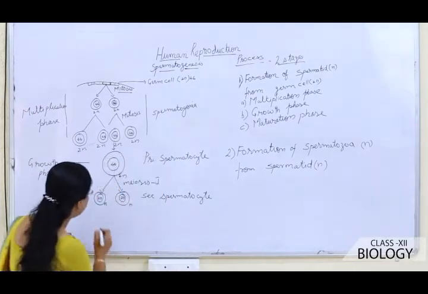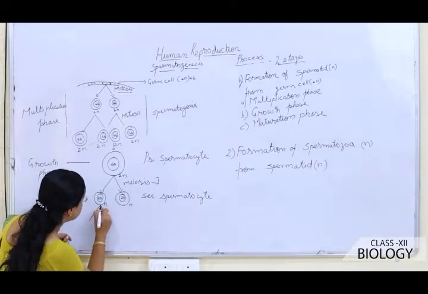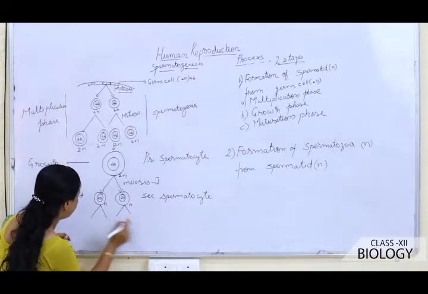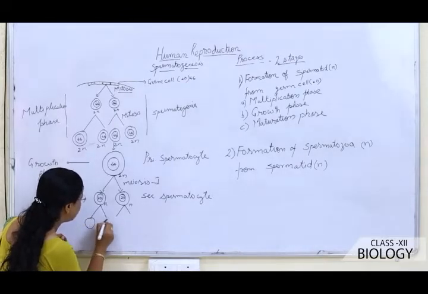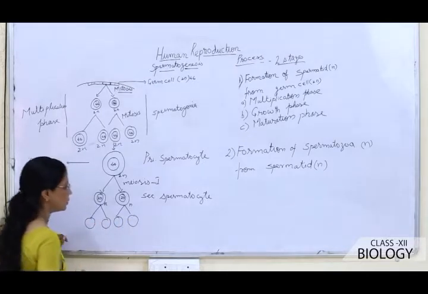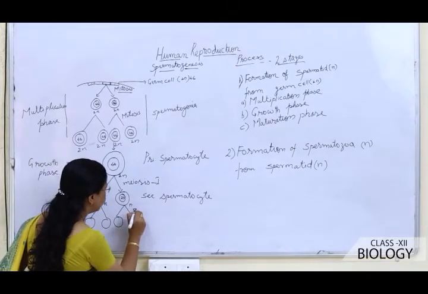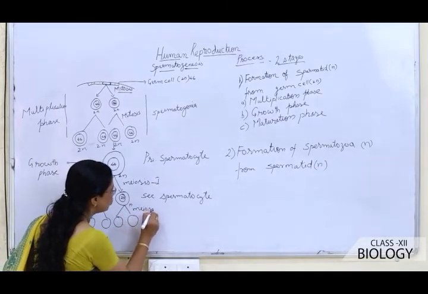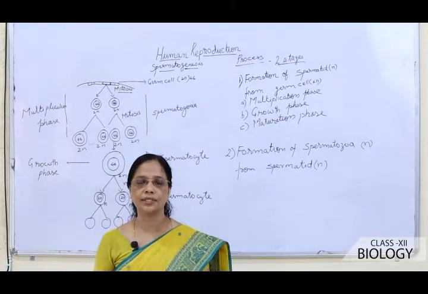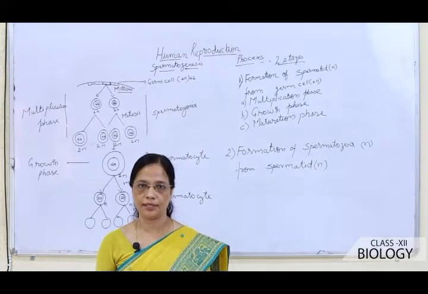Soon it will undergo the second meiotic division. So what happened in the second meiotic division? Again, this parental cell divides into two, and this cell also gives rise to two cells. The second meiosis, we can write here as meiosis 2. This meiosis is an equational division.